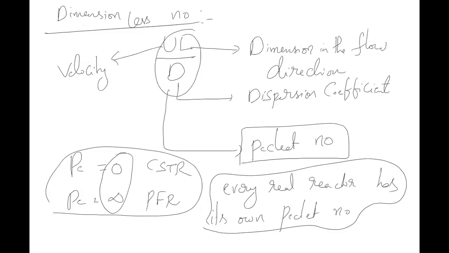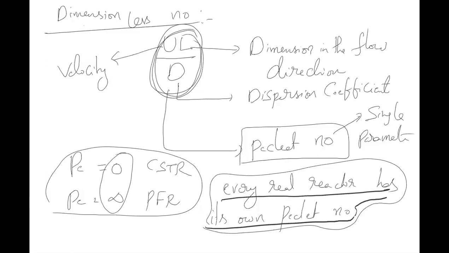So this Peclet number is called the single parameter here. There is a small derivation or big derivation: you take two planes and the shifting of the molecules, and finally derive the equation. That derivation is not important from the GATE point of view. Every real reactor can be represented by a single model with the Peclet number as a variable.